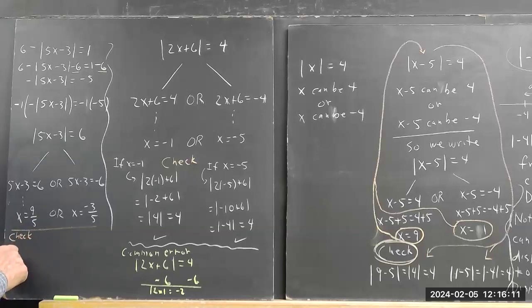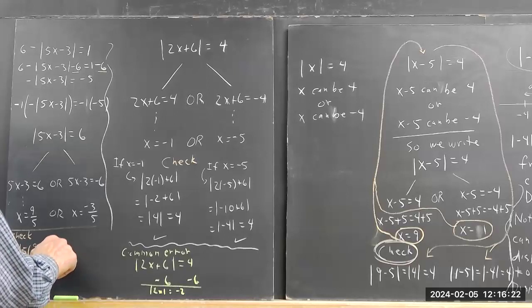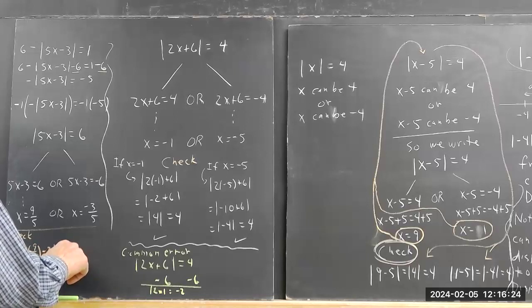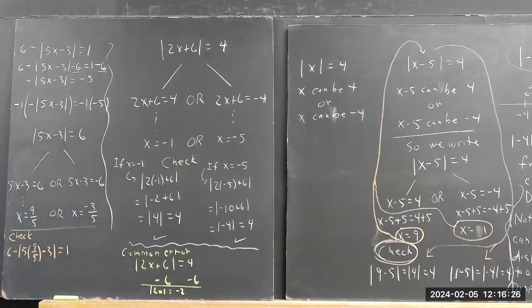But if I plug 9/5 in where x is, this equation then becomes this. 5 times 9 over 5.